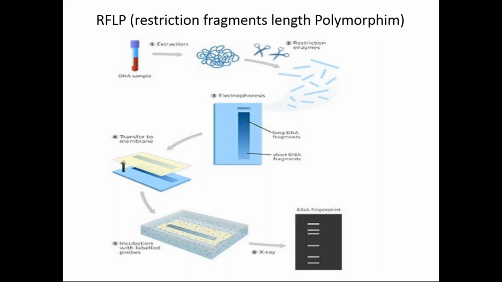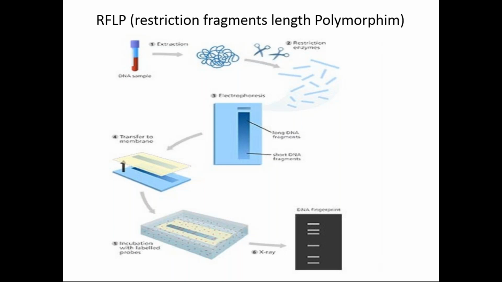If the DNA originated from different individuals, then the fragments will definitely vary in terms of length and also in number. Due to such variation, we can identify whether the biological material DNA and the suspect's DNA are identical or not.